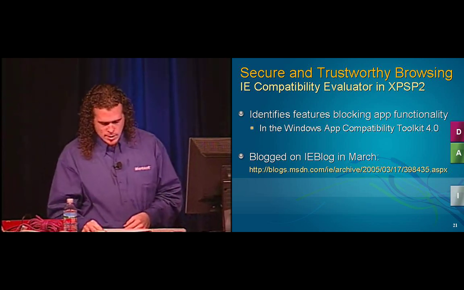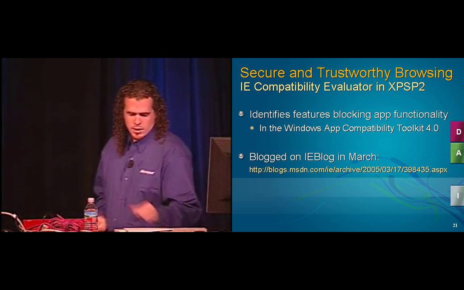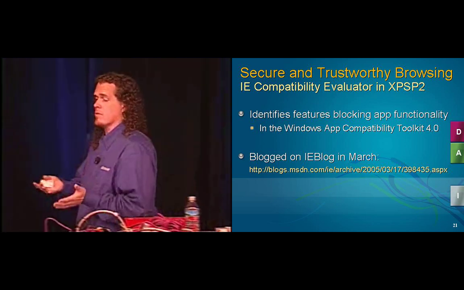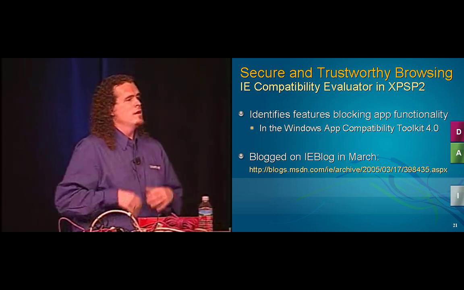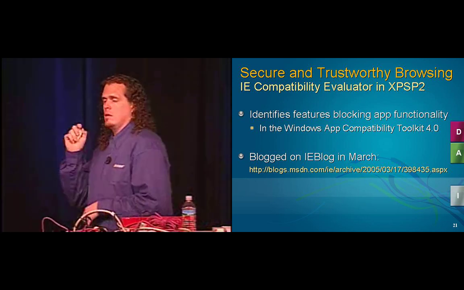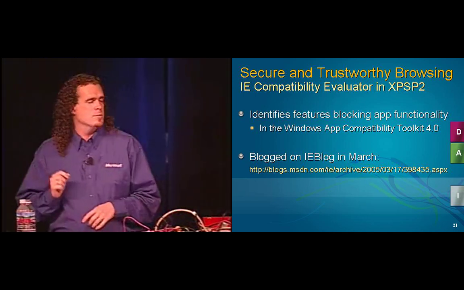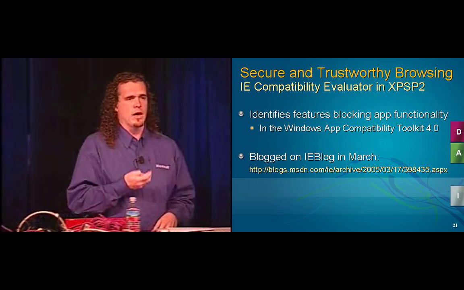So while I'm talking about compatibility, I did want to stress the importance of compatibility to the IE team. If I said security was job 1, compatibility has always really been job number 2. And in IE for Windows XP SP2, we actually created this tool, the IE Compatibility Evaluator.